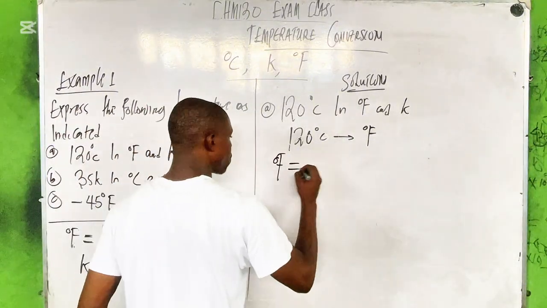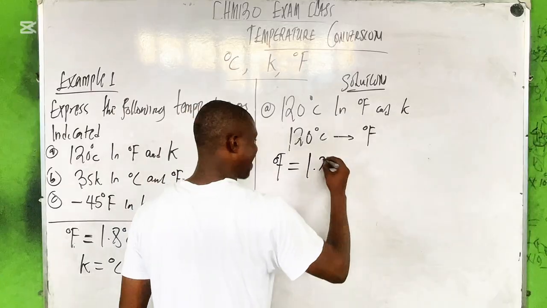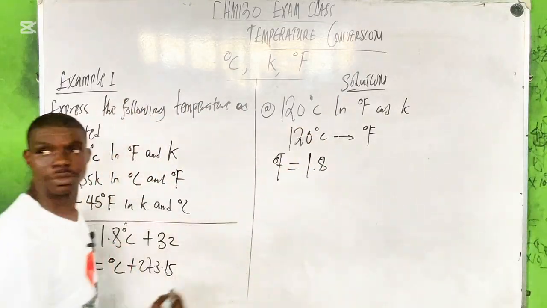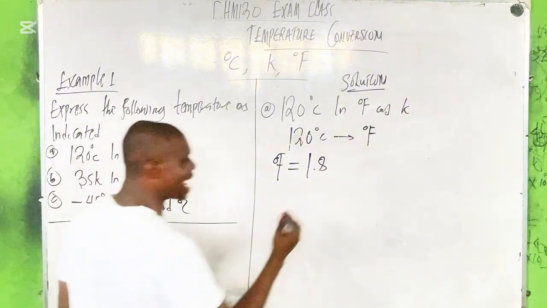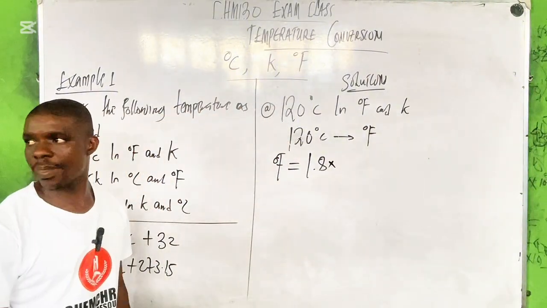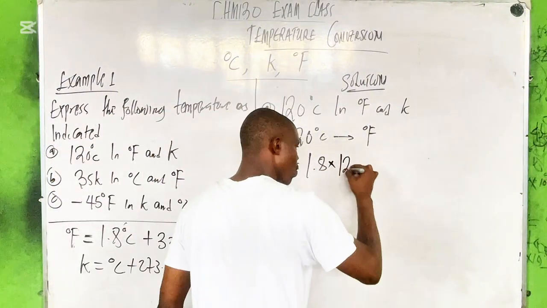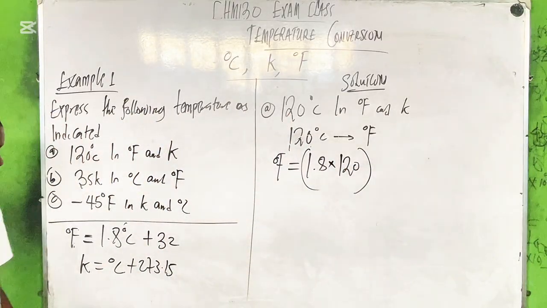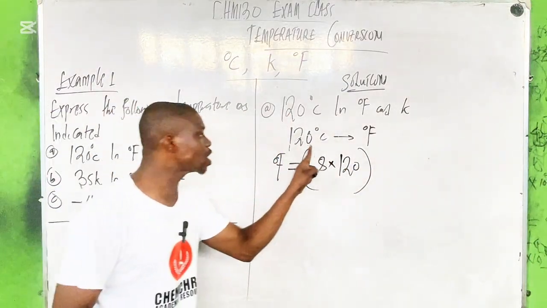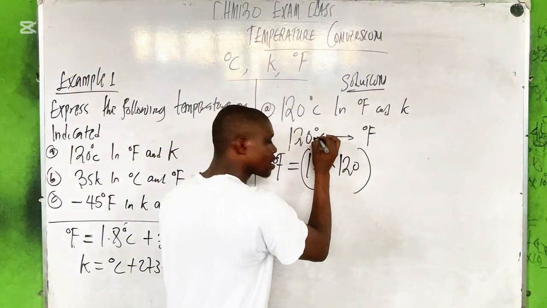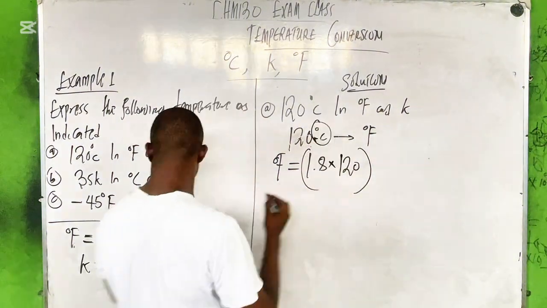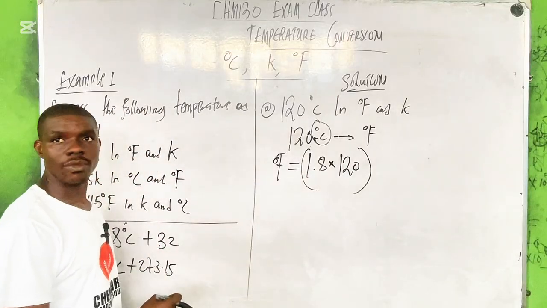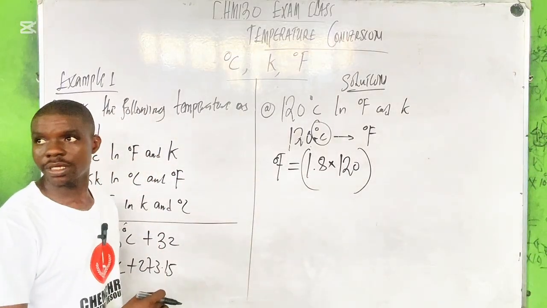Degree Fahrenheit is equal to 1.8 times the temperature, and here the temperature is 120. Are we right here?